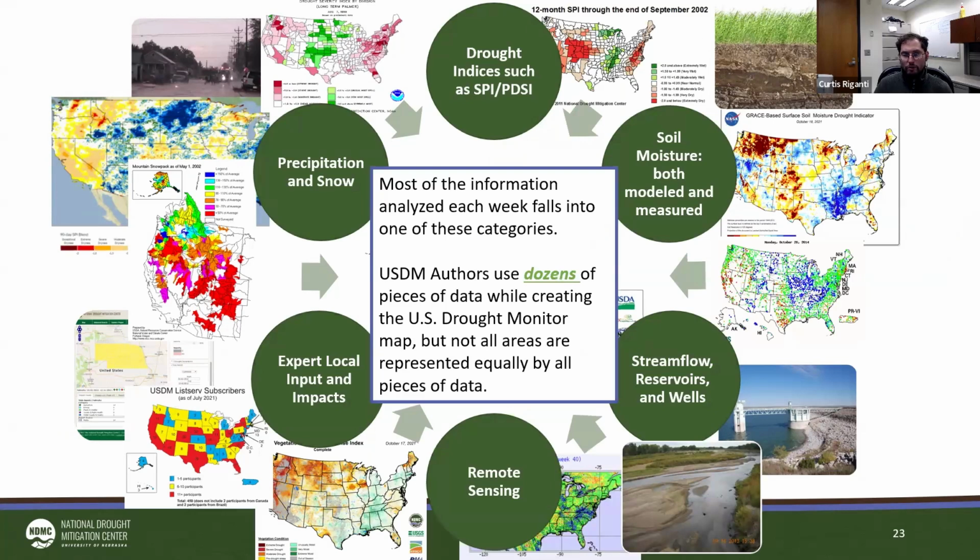Some areas have more or less coverage of in situ data sets, such as point precipitation measurements, point temperature measurements. So in some areas you have to rely a little bit more on remotely sensed data sets. Some areas you may be able to rely more on individual weather stations to get some of your precipitation and temperature data, for instance.